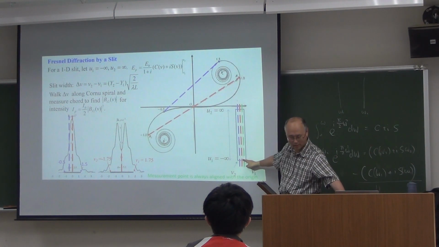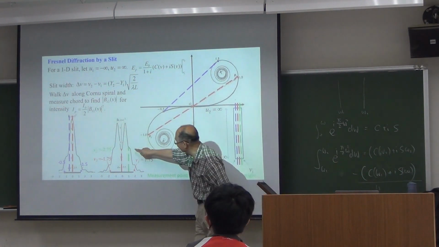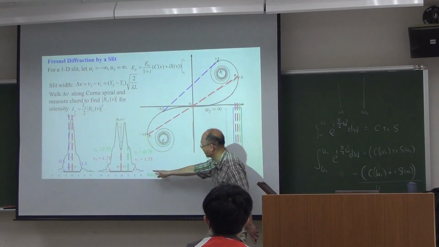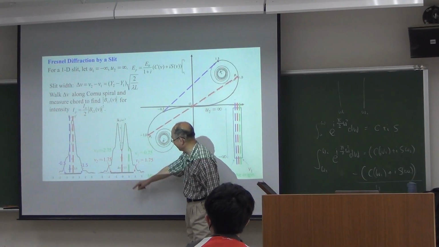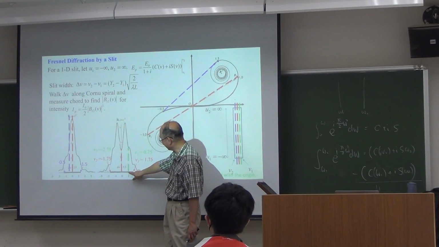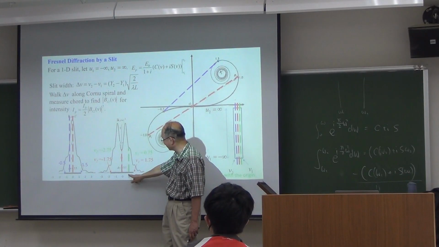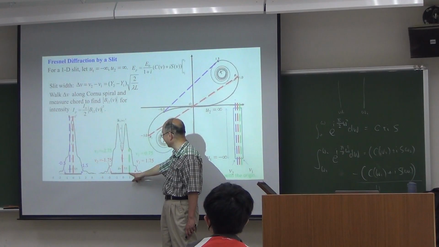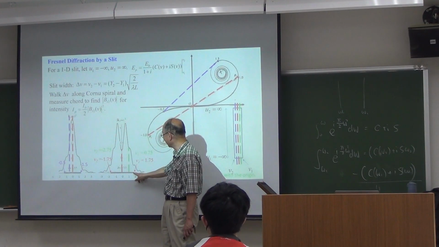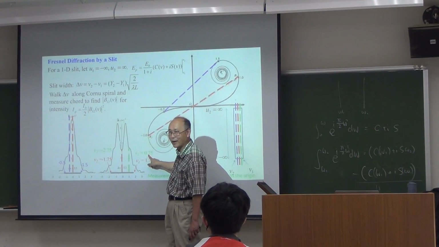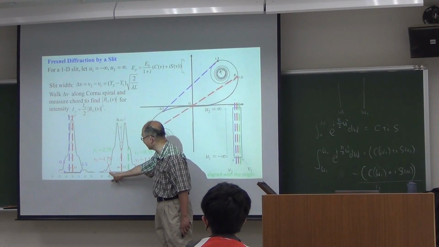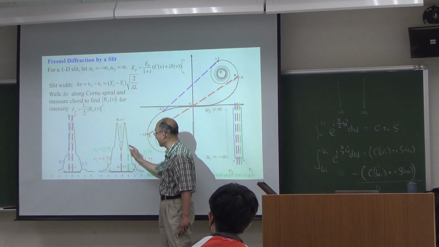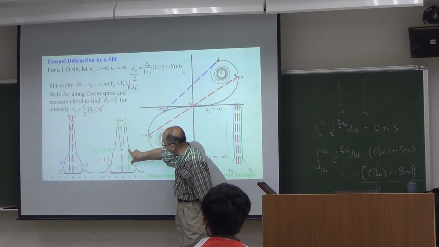Assume the new origin is aligned with the value 1 here. So the right boundary will be 0.75, and the left boundary is going to be -2.75. So you get these two vectors and subtract to get this intensity.